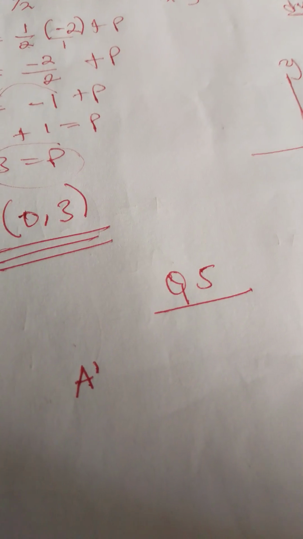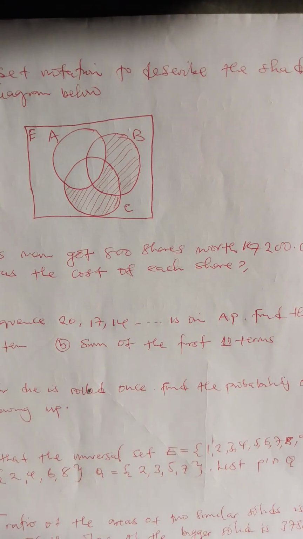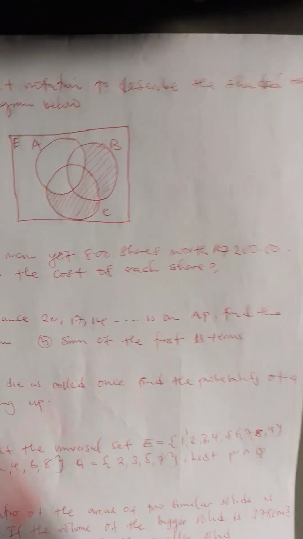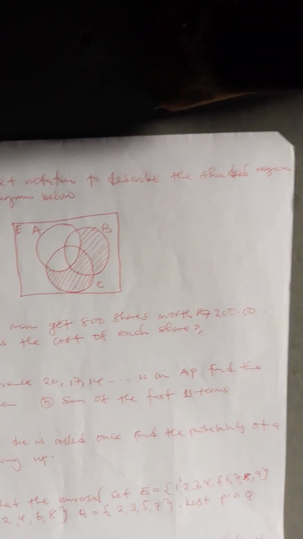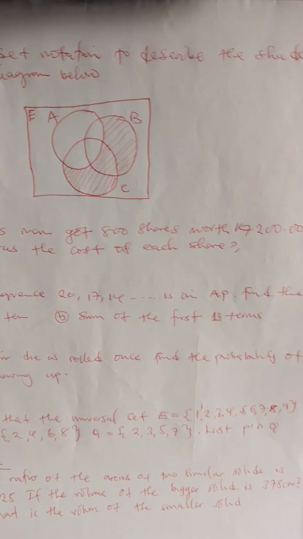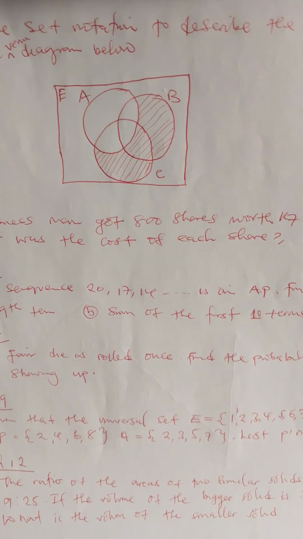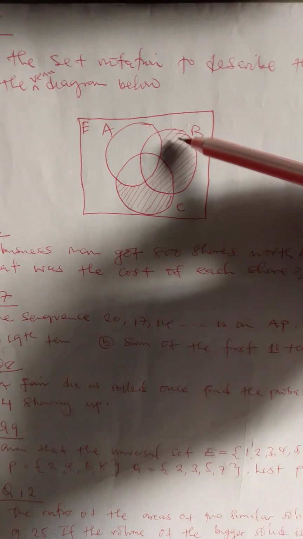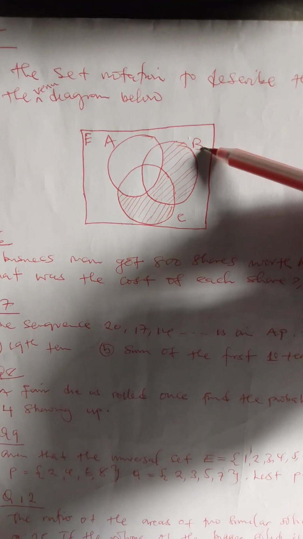Then you check on the question, is it intersecting or uniting? So in this case, since it is outside, it is intersecting with its complement. Remember, this is a complement. The shaded part is a complement.